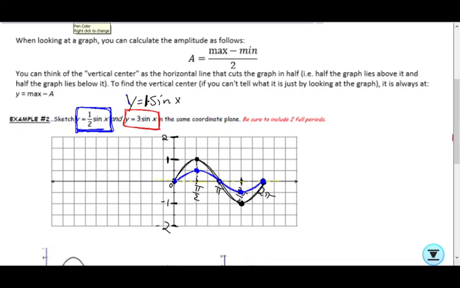And again, if you think about it, I multiply 3 times 0, it's going to be 0. So my zeros don't change, but my new amplitude is 3. So the maximum is 3 away, so it's going to be up here. And this one's going to be 3 away, it's going to be down here. So it's going to look something like this. It's going to go up to the maximum, come back down, and it's going to look like this.